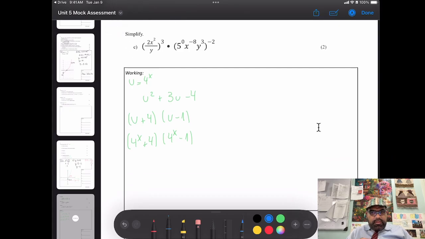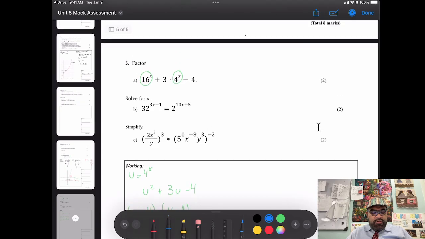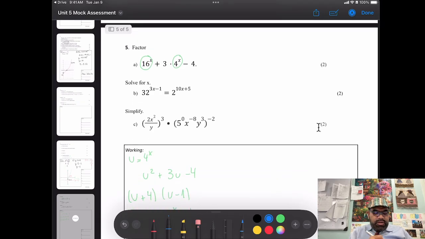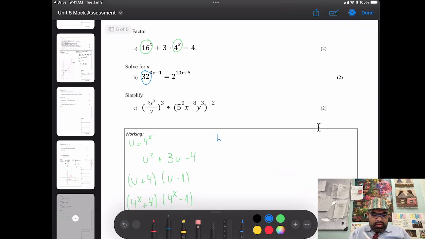B. B is the same. We just need to solve for x. How do I write number 32 using the 2 power? I think we did in class, I think you remember. 2 to the 5th, 3x minus 1 equals 2 to the 10x plus 5. Distributive property: 2 to the 15x minus 5 equals 2 to the 10x plus 5.